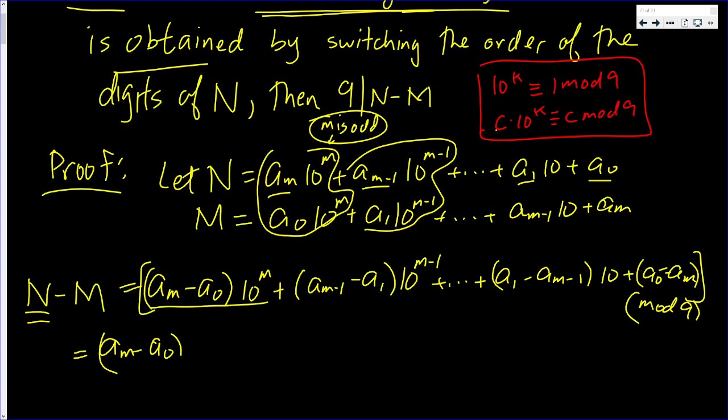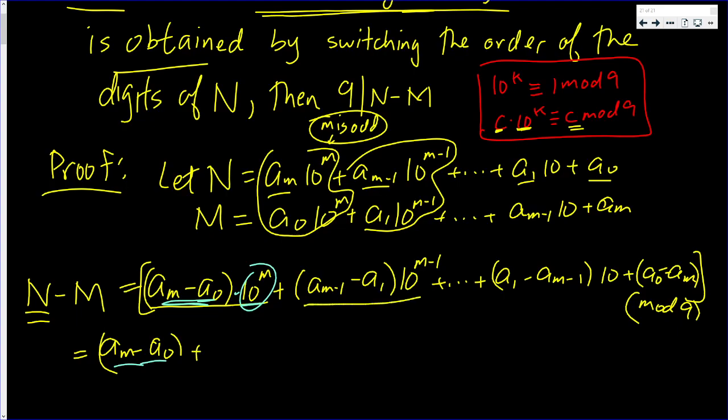I said that up here. A constant times 10 to a power is just the constant. Well, here's a constant, and here's times 10 to a power. So I just got back the constant.